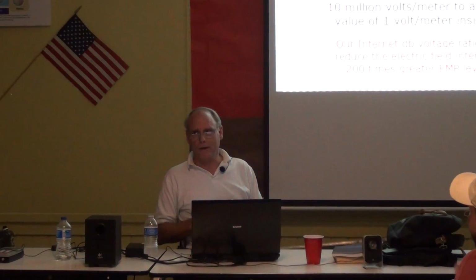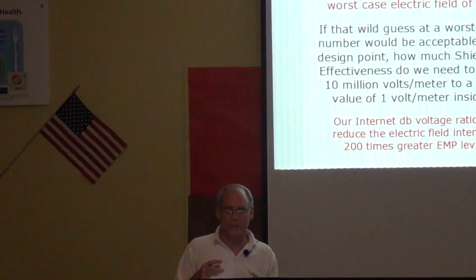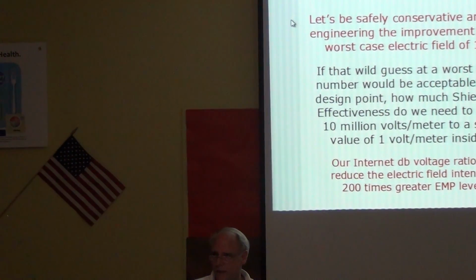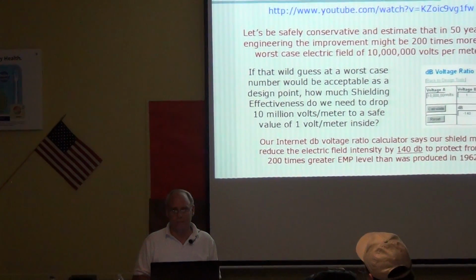I don't believe it. Many people don't actually realize, in arc, that's several thousand volts just from you dragging your feet across the carpet. So if we're going to design an EMP shield, what we want to do is come up with a number that we can feel comfortable with, that if it happens, we've got enough shielding in place.